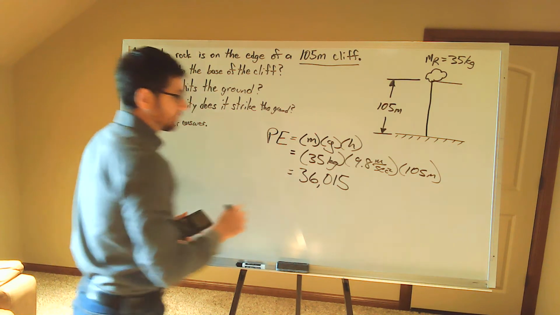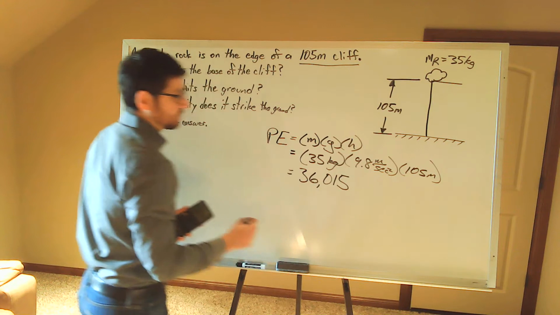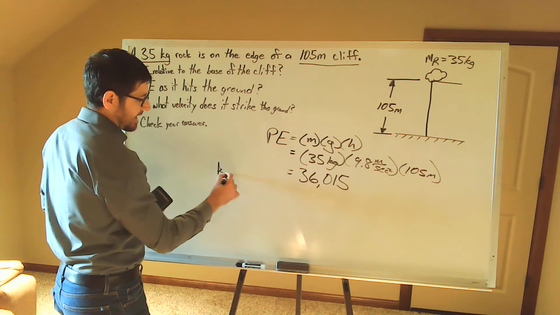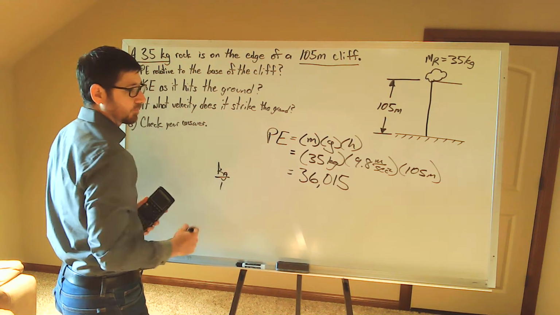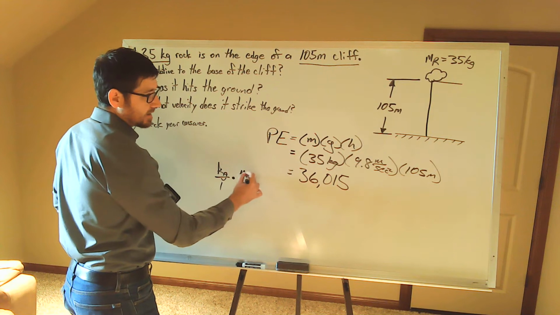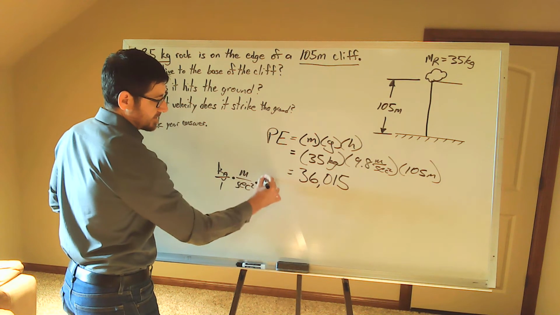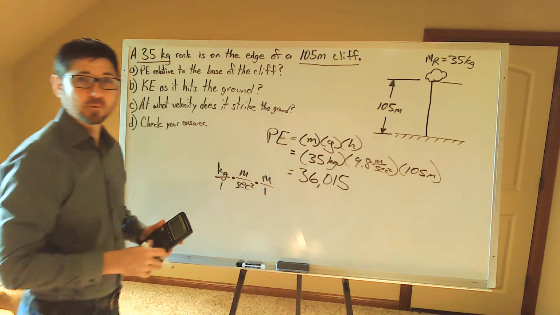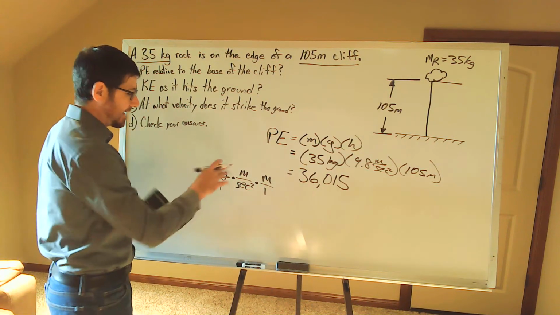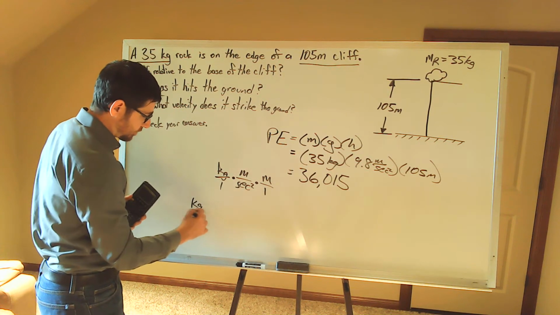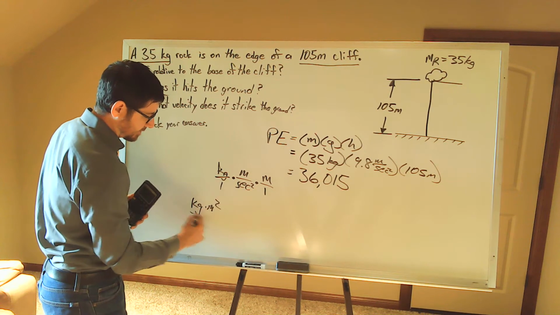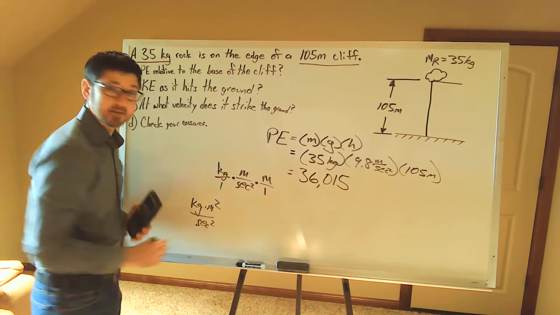Okay, so let's take a look at our units here. I have kilograms over 1 times meters per second squared times meters over 1. So what we have is kilogram meters squared per second squared.